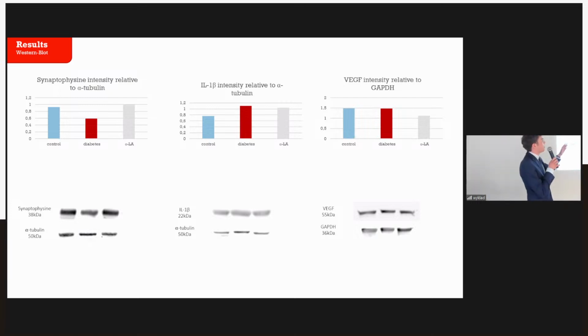Then we have interleukin-1b expression with increase in diabetes group and with small protective effect of alpha-lipoic acid. And finally, the VEGF expression that is unchanged in diabetes group. And interestingly, there is a very visible protective effect of alpha-lipoic acid. And what does it tell us? That we have currently no neovascularization.